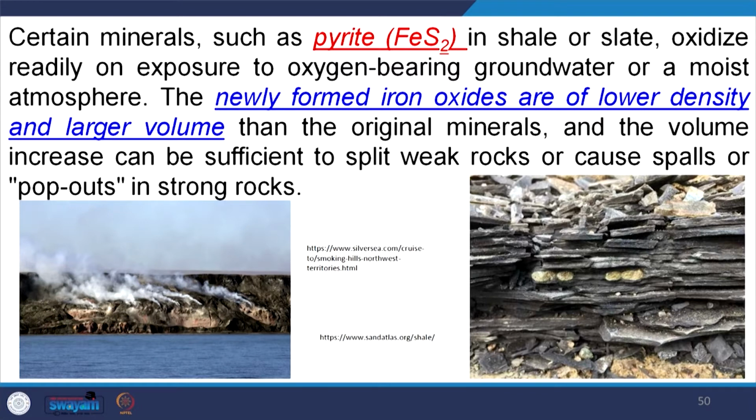Now, suppose a surface is exposed to the atmospheric condition or to water. Here the iron easily reacts with the water and the oxygen, removing the sulphur. Once the reaction occurs, it is an exothermic reaction, and newly formed iron oxide forms rather than iron sulphide, as the sulphur is removed.